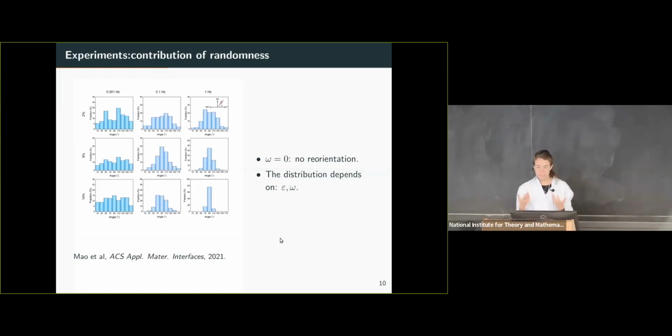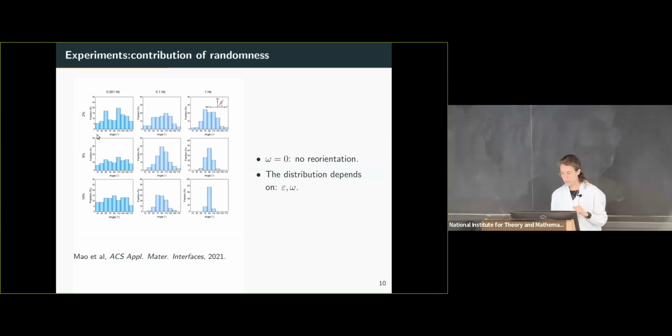But then they still had no randomness, and they could not see how the frequency and the strain affected the distributions of the data. What can be observed is that if omega is equal to 0, you have no reorientation, so nothing happens.